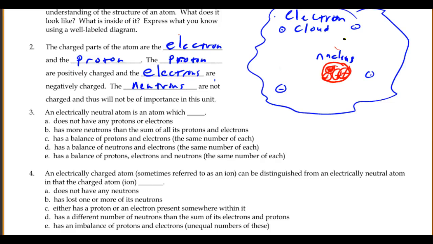An electrically neutral atom is an atom in which it's not that it doesn't have protons or electrons, because then it couldn't possibly be an atom, but there must be a balance of the protons and the electrons. So for every piece of positive charge, you have a counterbalancing negative charge, so that the overall charge of the system, the atom, is 0.